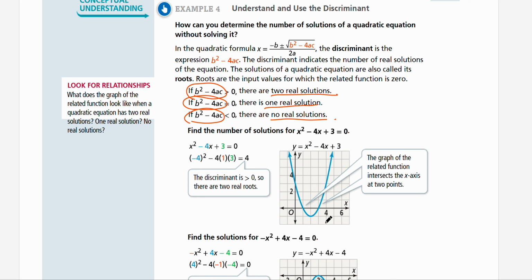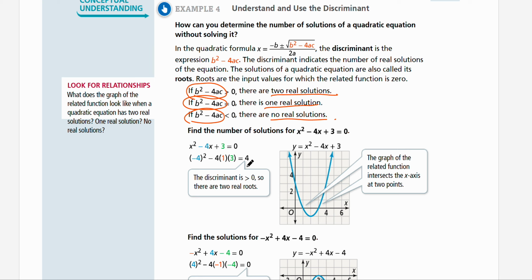But in quizzes and tests, you probably don't have a graphing calculator to quickly graph it and check how many x-intercepts you have. So another good method to check how many real solutions you will have is the discriminant. So algebraically, you want to know how to find the discriminant to check quickly how many solutions you will have.